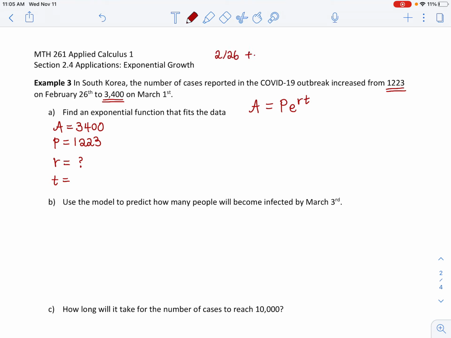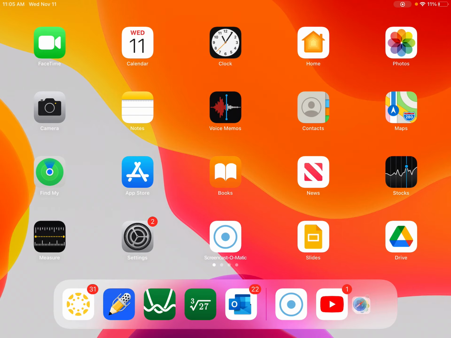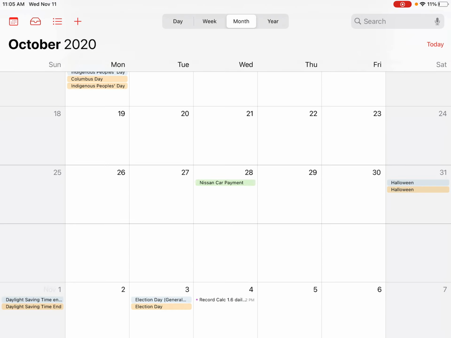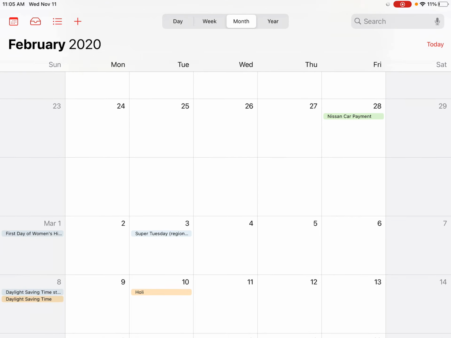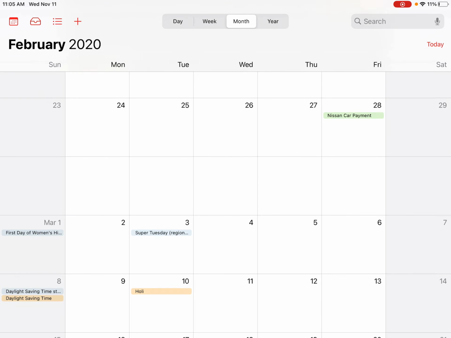So, February 26th to March 1st. I forgot. Let me go back to my calendar. So I should update my example. So I'm counting. 1, 2, 3, 4, 5, 6.